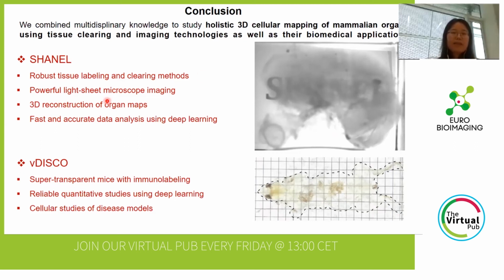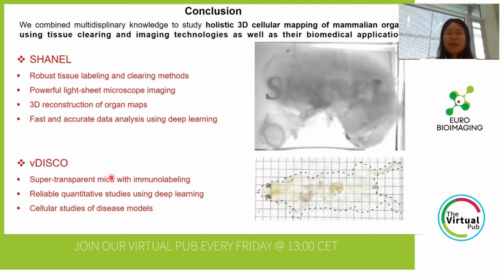First, we developed this SHANEL technology for a robust tissue clearing and labeling method. And we use a powerful light sheet microscope to do the 3D reconstruction of the organs. And then using the deep learning method, we can also do fast and accurate data analysis.